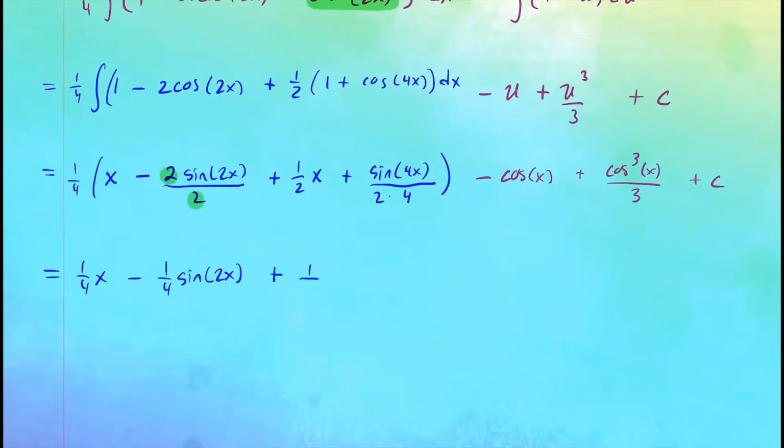That's 1/8 x plus, and then here I get 1/32 sine of 4x, and tagging along these answers and the integration constant. So this is minus cosine of x plus cosine cubed x over 3 plus the integration constant plus c.